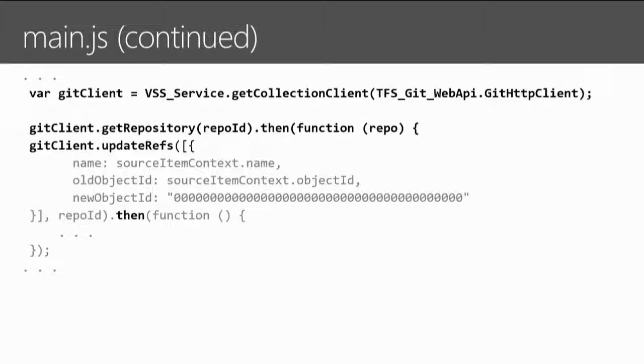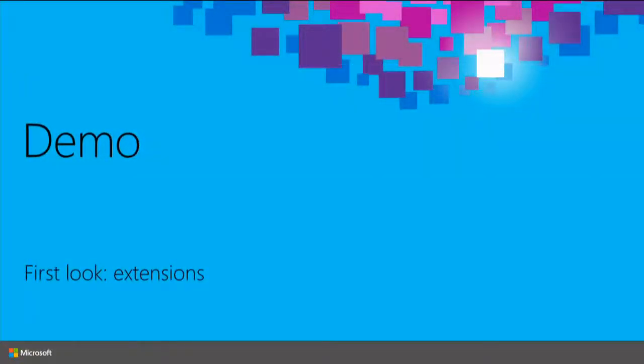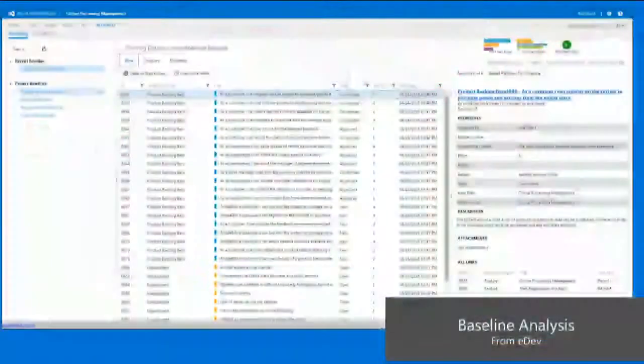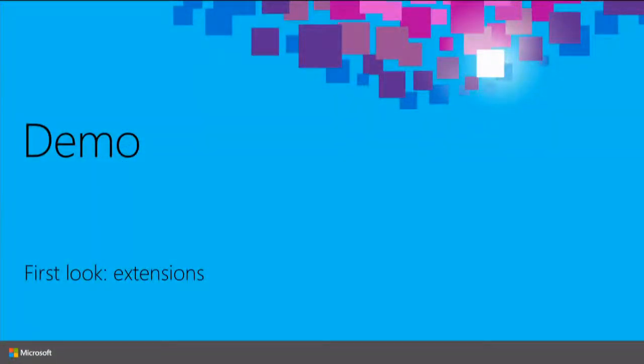Get the client, you can make calls like get repository, update refs, all that kind of stuff. And so what this is doing is basically the update ref to delete that selected branch. It's using a queue promise based callback mechanism. So this demo is going to be brief based on timing here, but let me go back real quick.